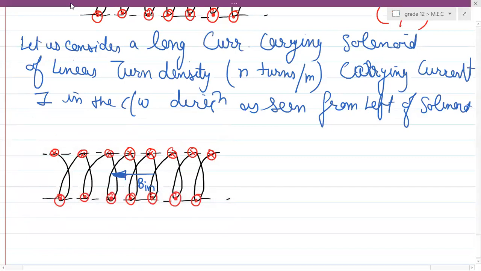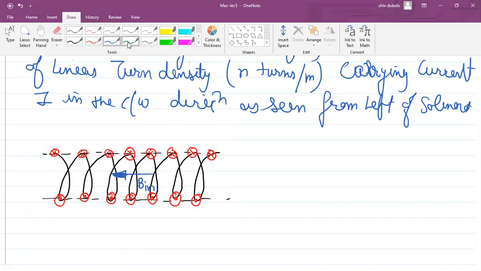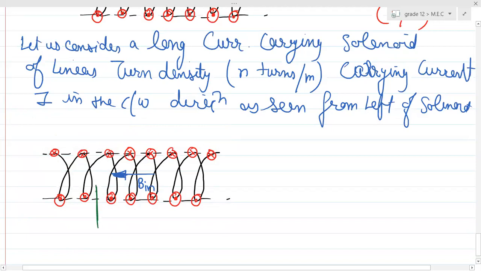Let me choose the Amperian circuit loop, the green one.